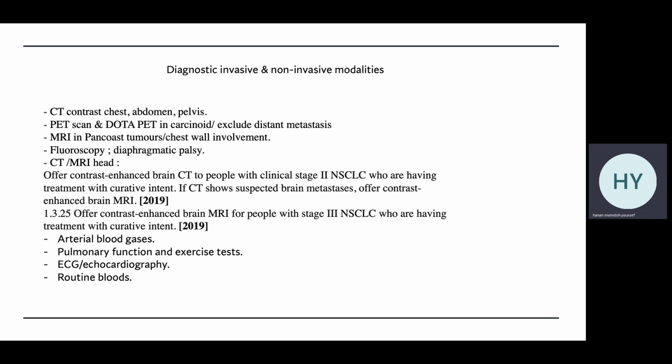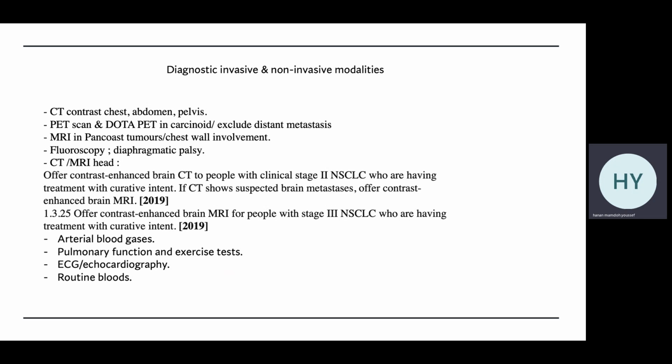Patients, for example, undergoing diaphragmatic plication for phrenic palsy or diaphragmatic palsy should have fluoroscopy and the sniff test, and then assess the paradoxical movement of the diaphragm. In terms of staging, back to lung cancer, if the patient has stage 2, they should have brain imaging, preferably a CT scan. If there's a suspicious finding, they can go for an MRI scan. A patient with stage 3 should have an MRI brain in the first place.